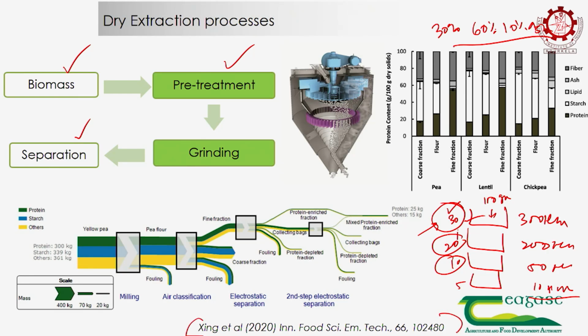If you look here, from this particular research paper, you have protein, starch and other biomass. When you pass it through, you can see how you can separate different fractions, and then again if you have to do charged particle separation from starch, you have electrostatic separation for different biomasses.